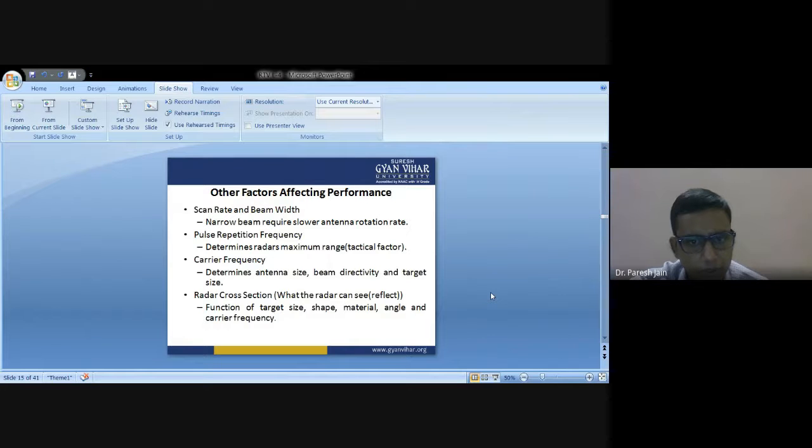Carrier frequency determines the antenna size, beam directivity, and target size. Radar cross section is what the radar can see or reflect. It is a function of the target size, shape, material, angle, and carrier frequency.